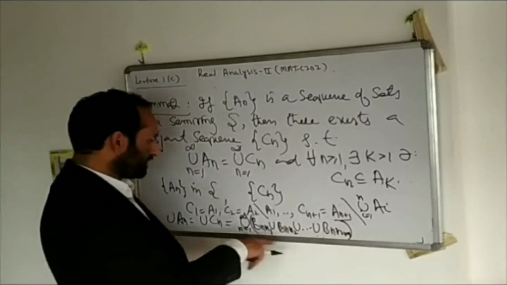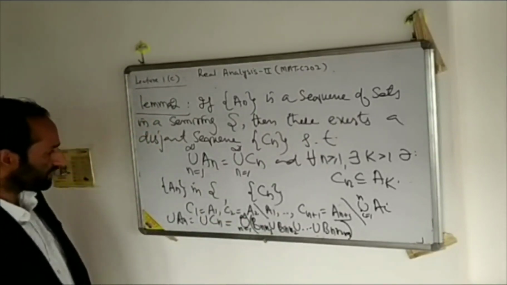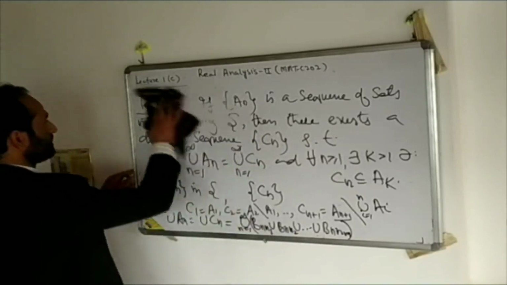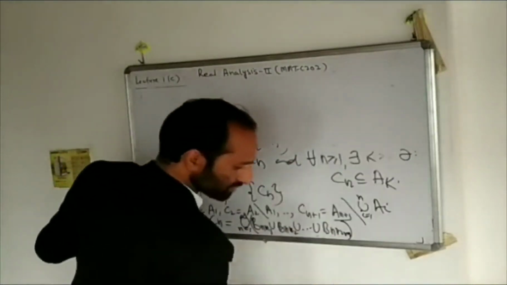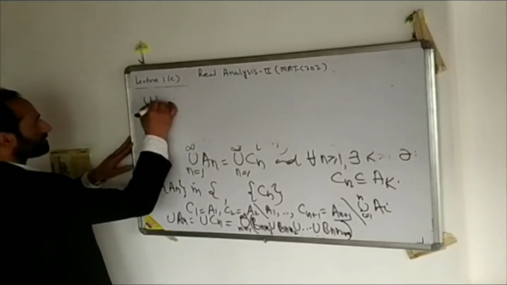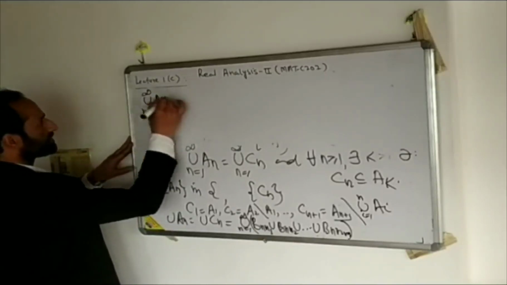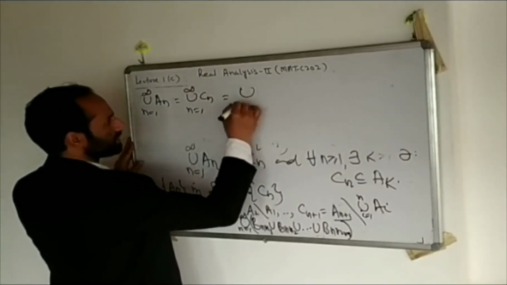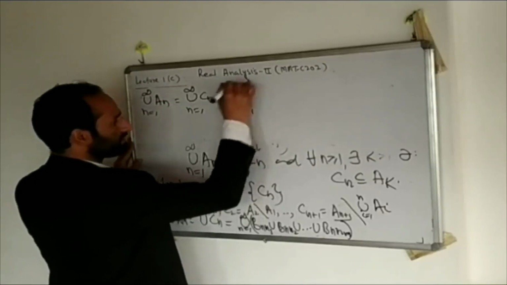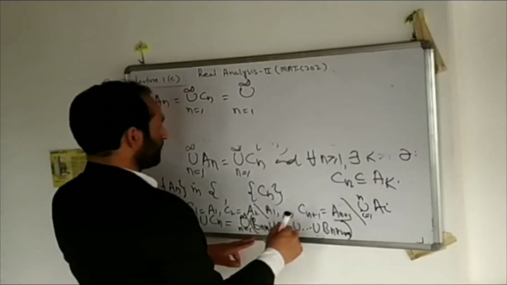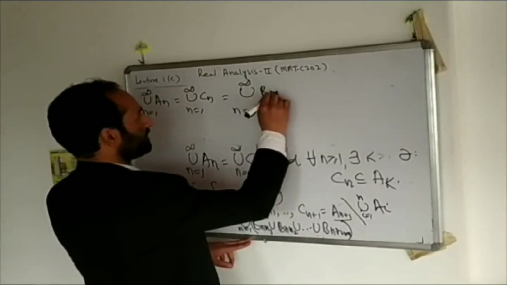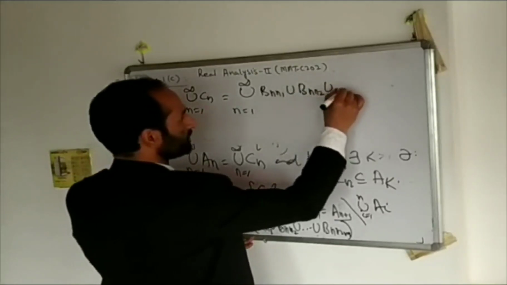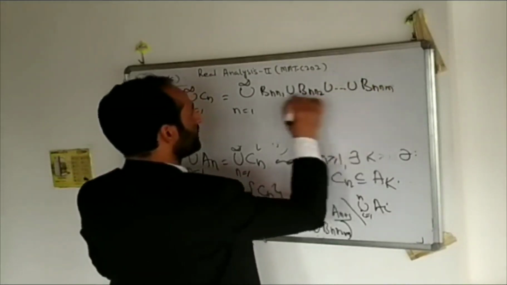So now we have the union of An, n runs from 1 to infinity, is the same as the union of Cn, which is the same as the union of Bn1 union Bn2 union up to Bnm.